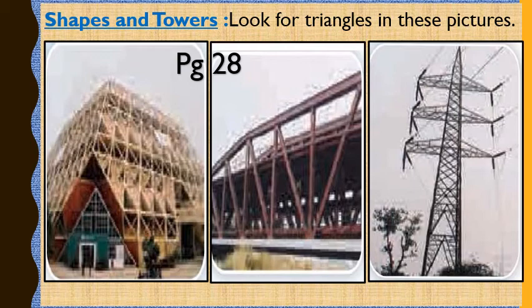Can you guess why triangles are used in these towers, bridges, etc.? Answer is the triangles are used in the towers and bridges so as to make them strong. As a triangular shape is the strongest of all shapes and does not change easily when pressed.